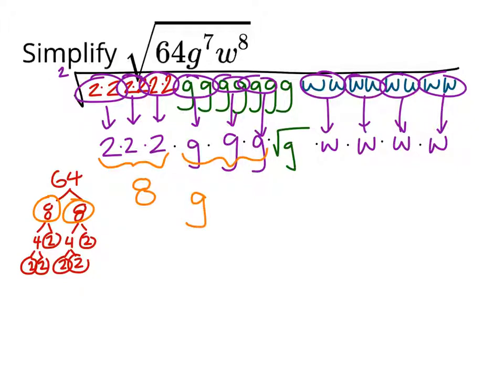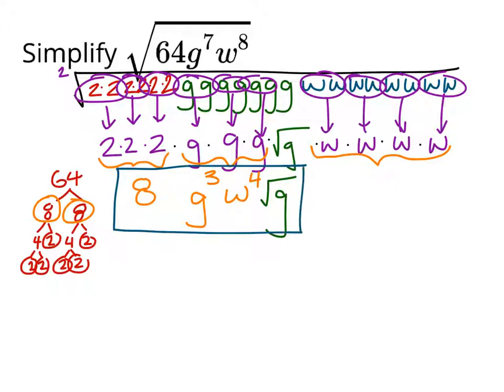That's g's, and I've got 3 of them being multiplied together. Now I'm going to look at these w's. I've got a base w, and there's 4 of them being multiplied together, so that's a power of 4. And then finally the square root of g. Well, this would be the final simplified answer for this expression.